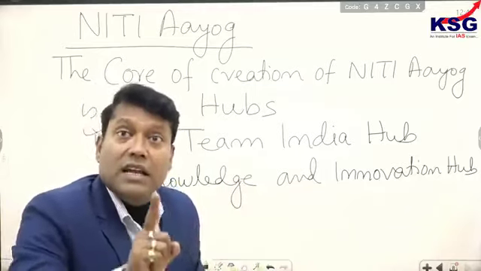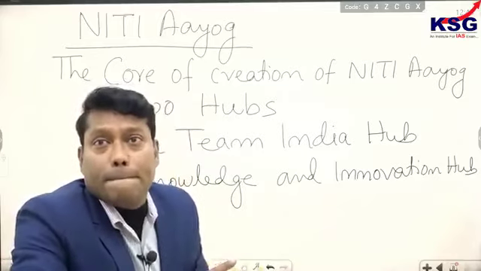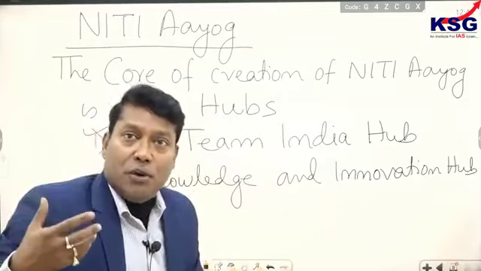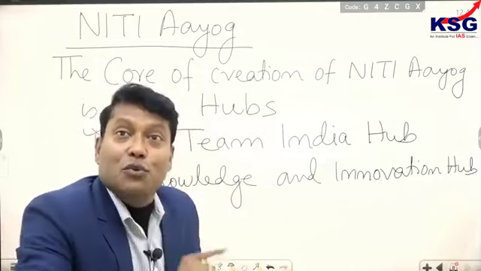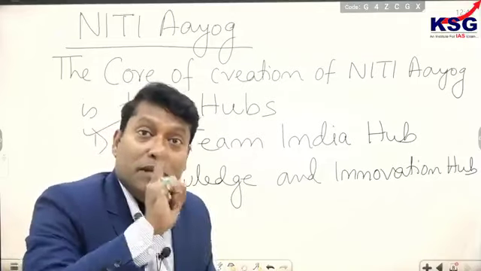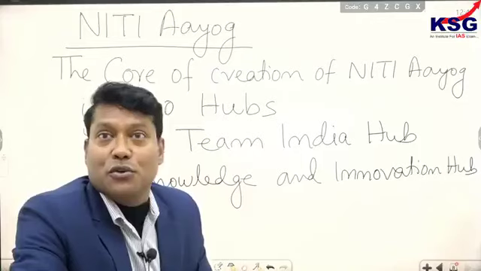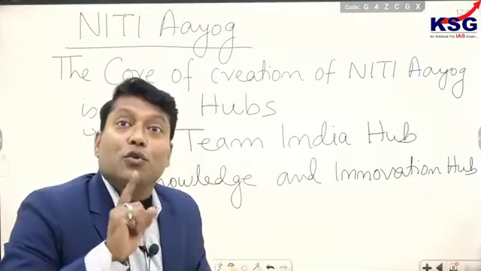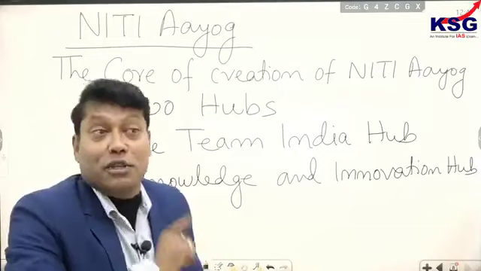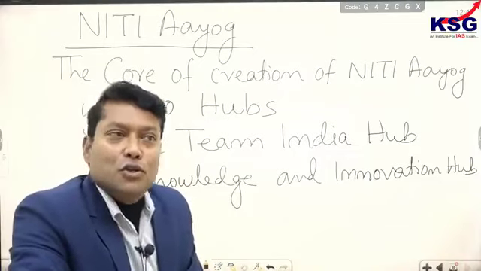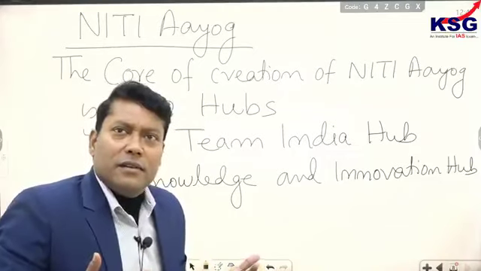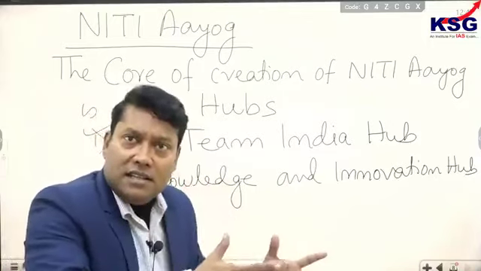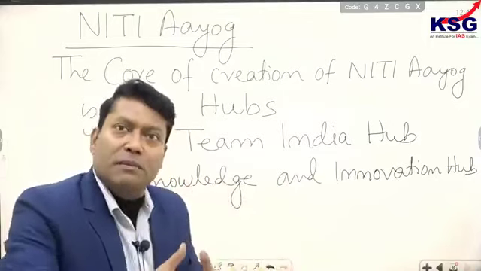Once decisions are taken by all parties, meaning state governments and the central government, each and every state is going to implement them in their state. Why? Because you are a party to those decisions, so you can't stop yourself. What you wanted for your state is there. So now your responsibility is to implement it.